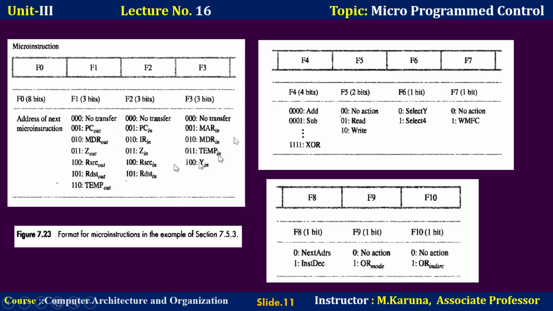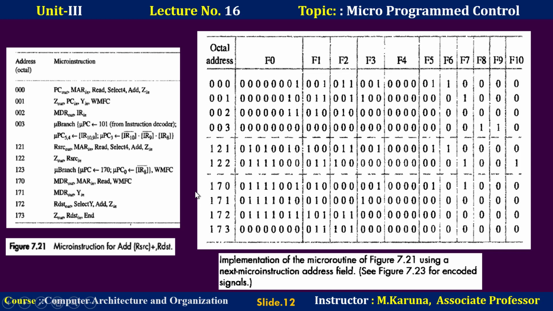To perform all these operations, a group of micro instructions is required. In the first address, 000, these control signals are present. All these control signals are present in specified groups.